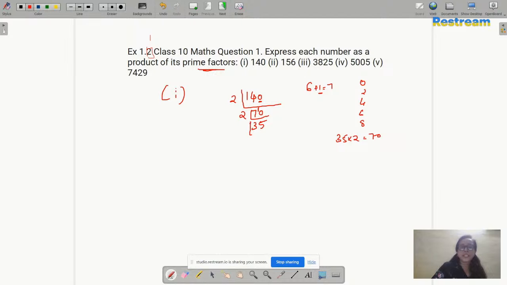Now again the ending number, the units place, 5 is given. Now you see that this will not be divisible by 3. You can check it, children. 5 plus 3 is equal to 8. This way you can check your divisibility, because in this chapter, if you know which number is divisible, you can save your time. That is how you can divide the numbers. You have to practice.